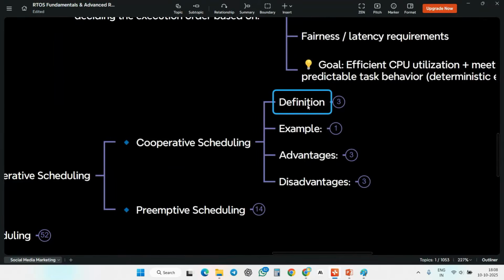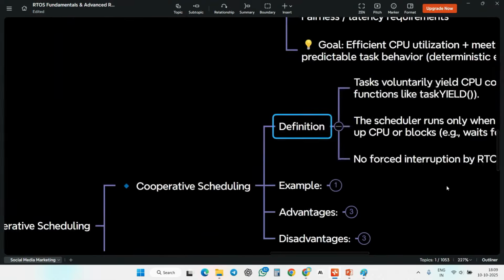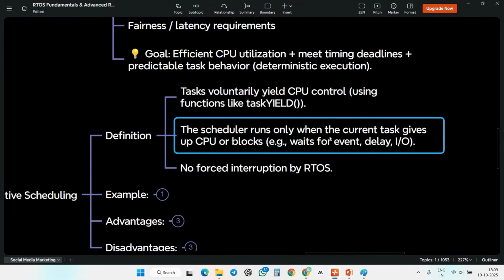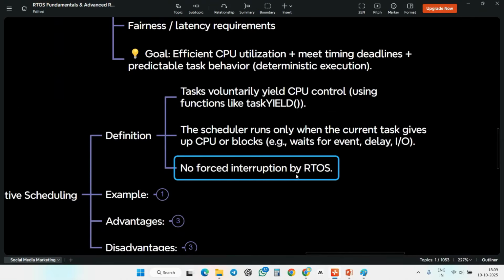First, we will discuss cooperative scheduling. The task voluntarily yields CPU control using a function like task kill. The scheduler runs only when the current task gives up the CPU or blocks on a waiting condition. So no forced interruptions by other tasks.